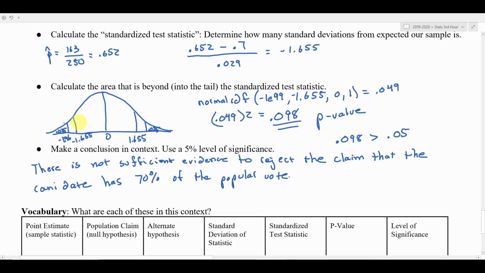That was bigger than the 0.025 in that left tail, which tells me that it's not rare enough. It's not a small enough probability. But technically what we're doing is we're looking at the cumulative area in both tails, which is why we multiply by 2 to get the total p-value. Then we compare that to the 0.05, which is the cumulative area that we're allowed to have in both of those tails. Okay.